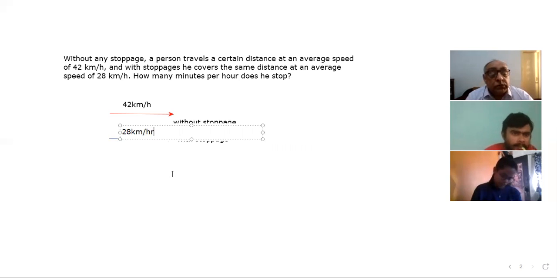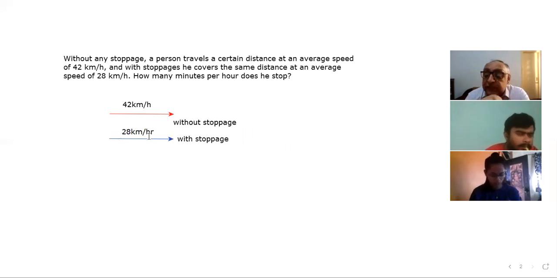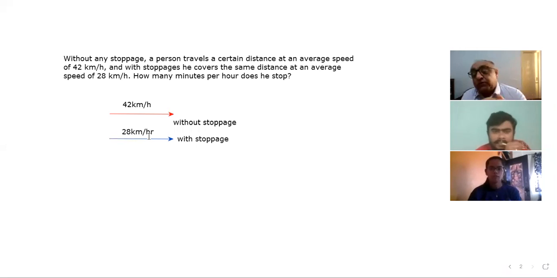Now beta, one thing is that either we take the reference of the first case, or we take the reference of the second case. So let us take the reference of the first case first.